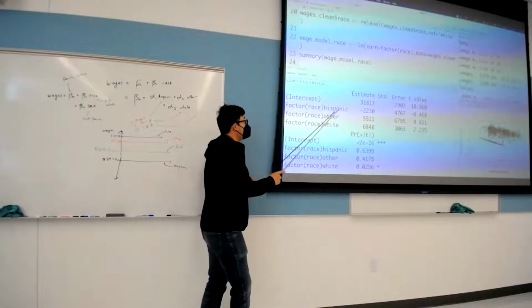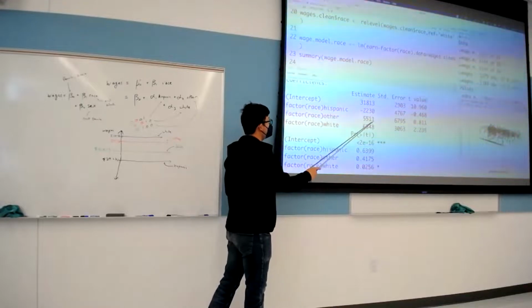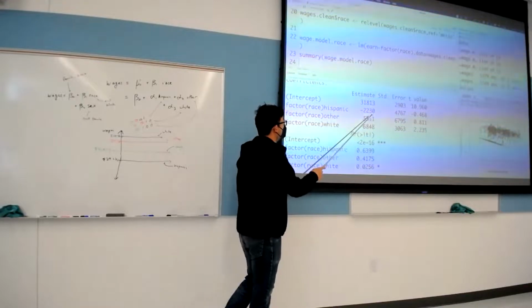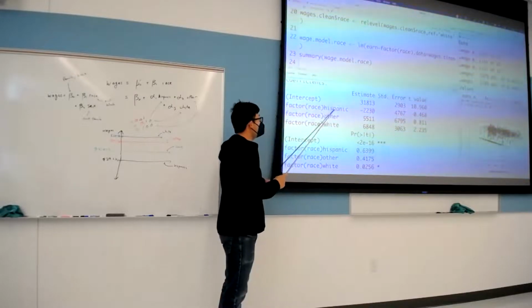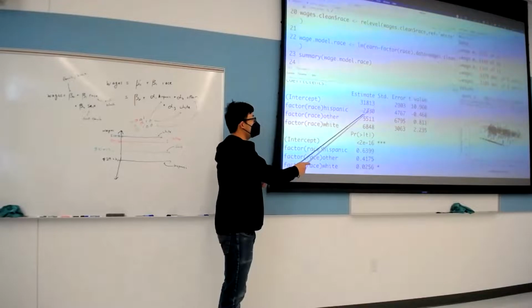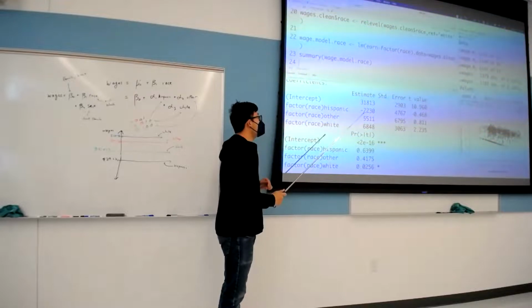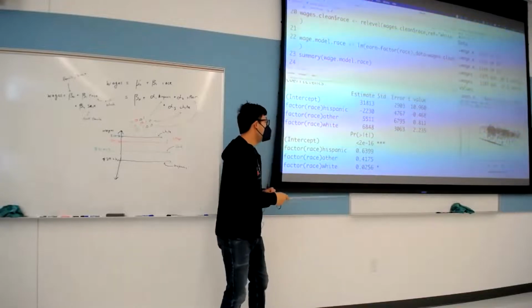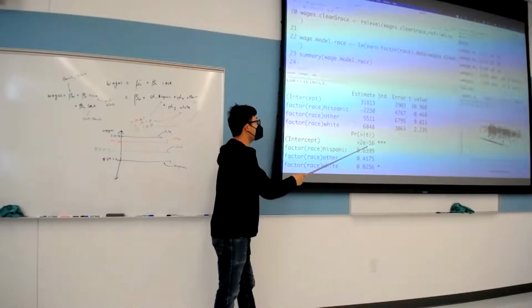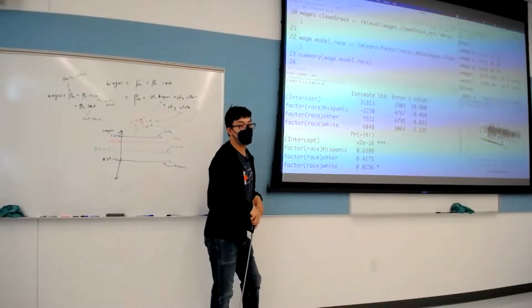Okay, let's look at the interpretation for each of these. So this says if you are Hispanic, you are making $2,000 less than people who are Black on average. But the standard error is about $4,800, and we are no longer statistically significant.